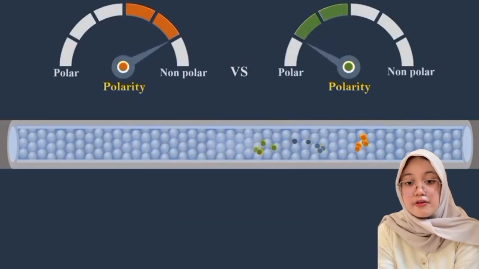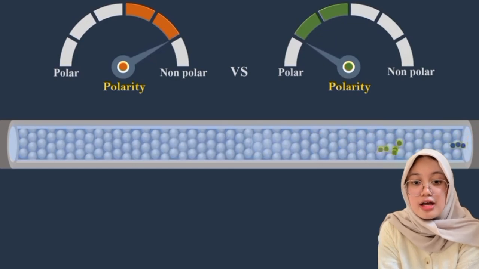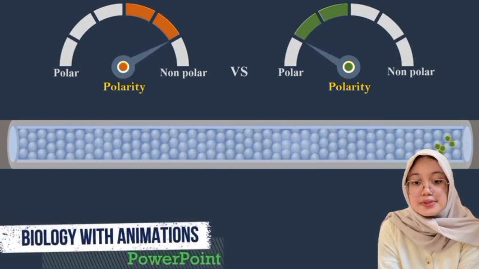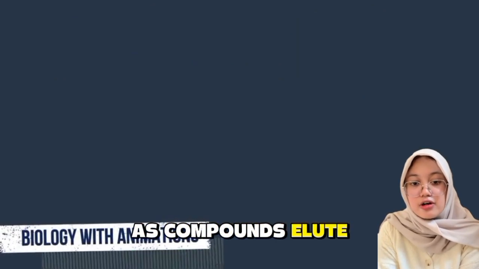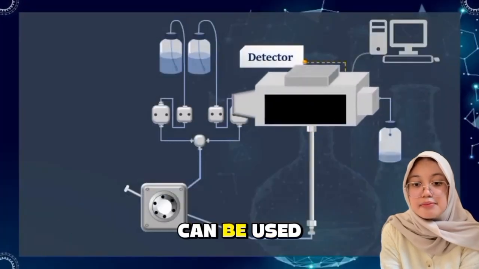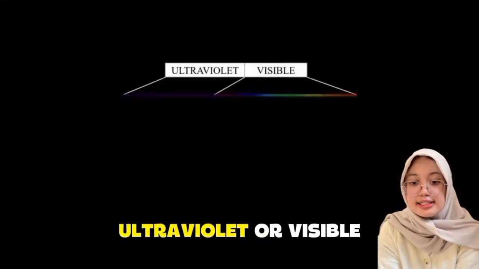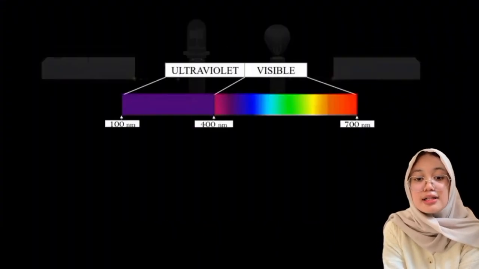Different types of detector can be used, such as the UV-Vis detector, which shows an absorption spectrum with ultraviolet for UV detection. In this detector, a light source is used, and for component detection, the visible region of the lamp is used.